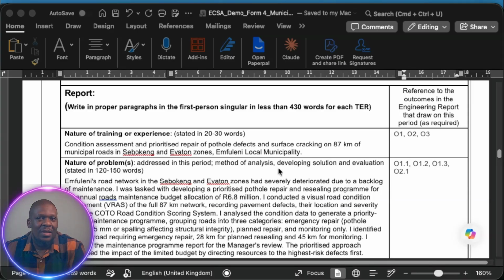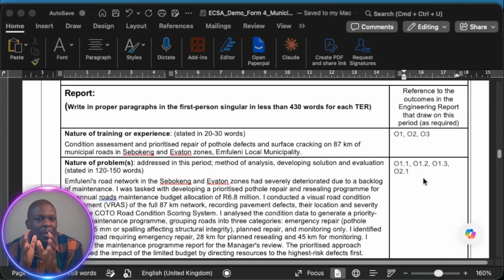Before we proceed, let me explain what this column refers to. The column is the reference to the outcome in the engineering report. What that means is which outcome this is responding to in your engineering report.